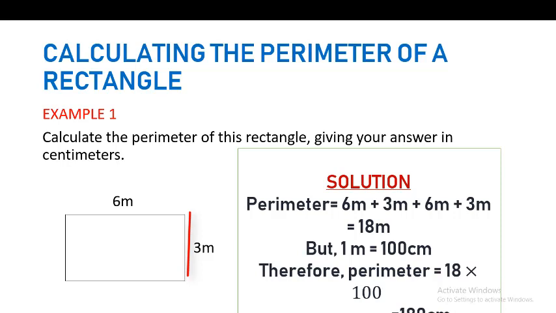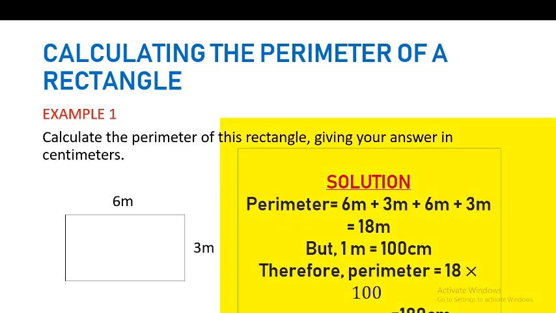So here our length is 6 meters and our width is 3 meters. So we have 2 widths and 2 lengths. That means we have 4 dimensions. Now let us focus on the solution.